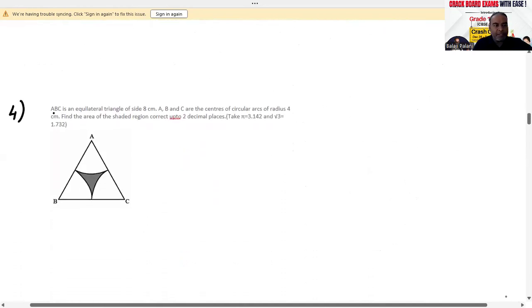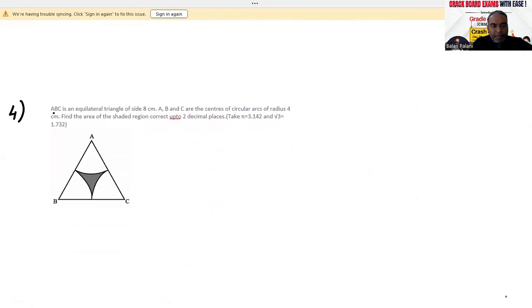The last and final question here. ABC is an equilateral triangle of side 8 centimeters. A, B, C are centers of circular arcs of radius 4. Find the area of the shaded region. So firstly, we have to find the logical part of how to get this shaded area first. So the shaded area is actually formed between 3 sectors.